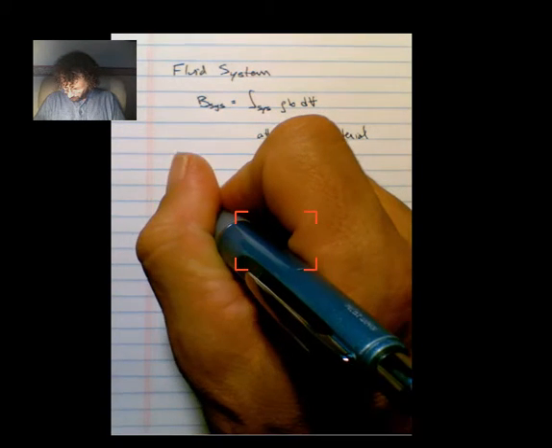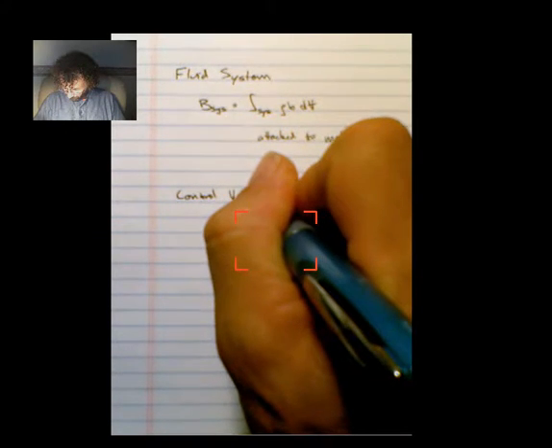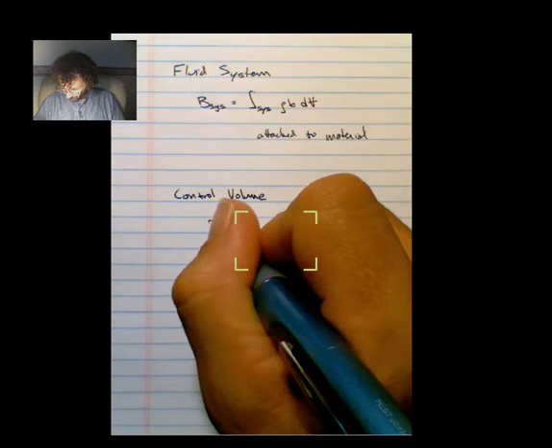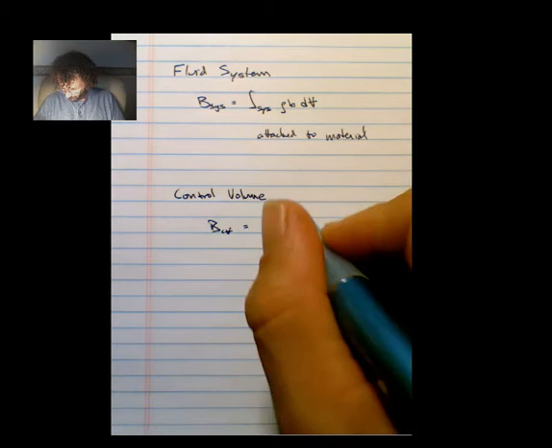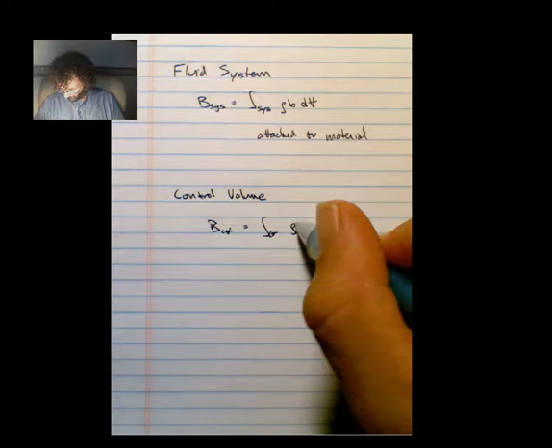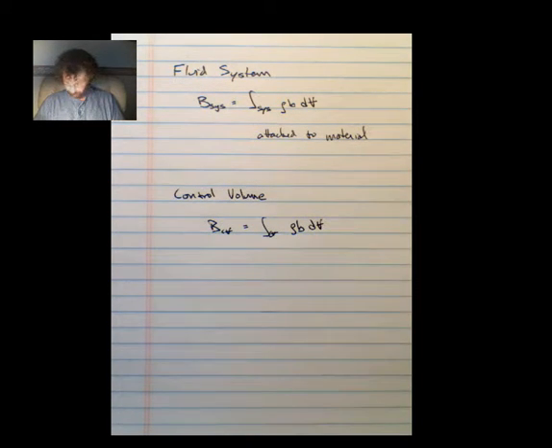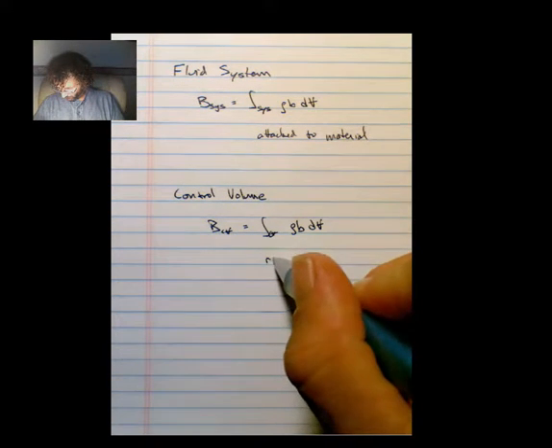And the other is the control volume. B control volume is equal to integration over the control volume. Same thing. And so this is a region of interest.